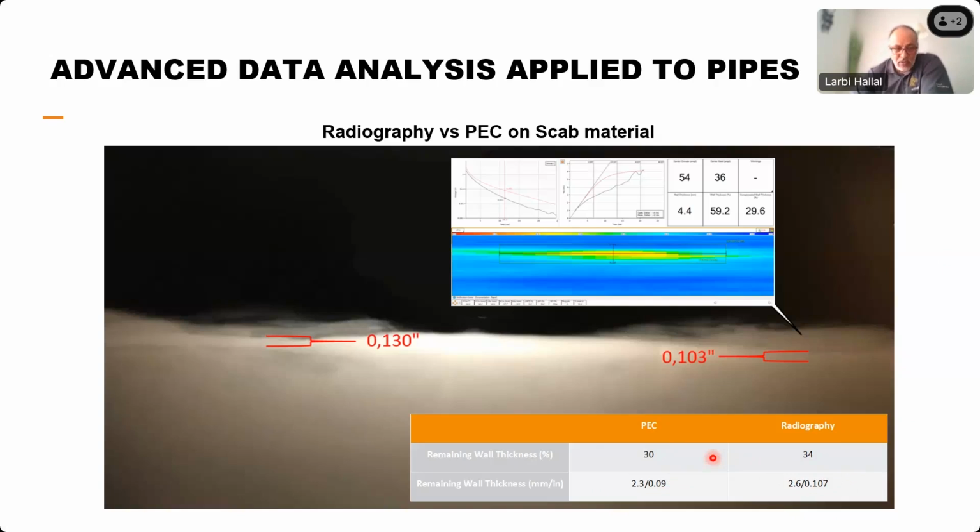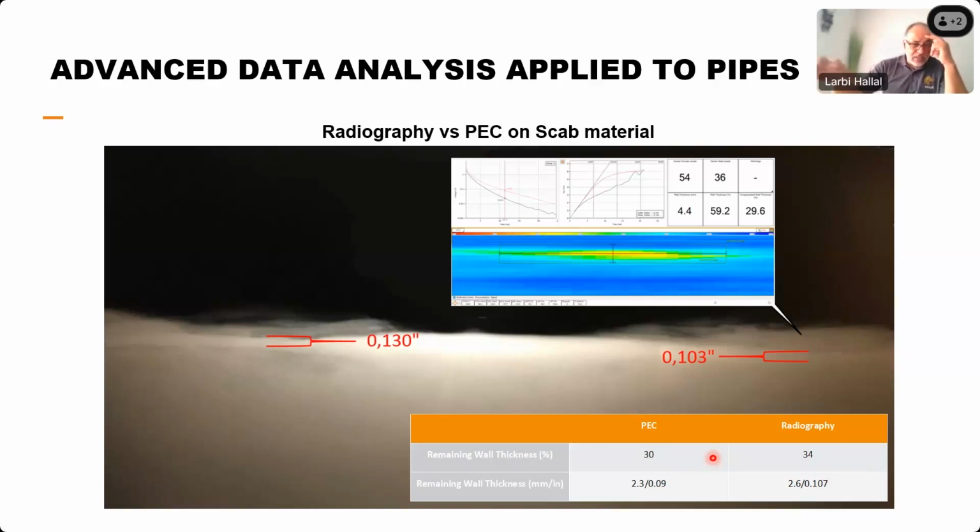Radiography is a good technique, no doubt about this, but you need to comply with some safety rules. Usually nobody can work around when radiography is performed somewhere on a plant, to reduce radiological dangerous issues. With PEC, you can come and do your work.